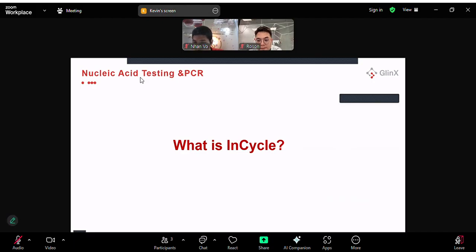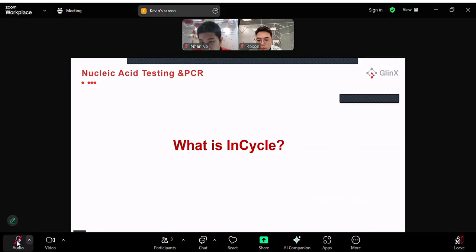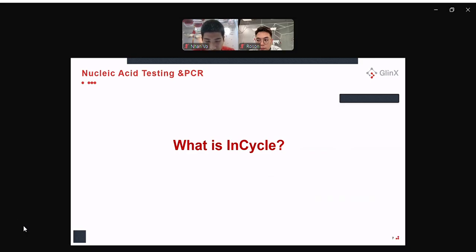So all the doctors or all of us have to do is finish the sampling process and the sample preparation and let the InCycle machine do the other steps, and they can get the reports within 2 hours. Normally, we've improved the InCycle machine's testing speed, and normally it will be finished within 1 hour and 40 minutes, right, Rosen?